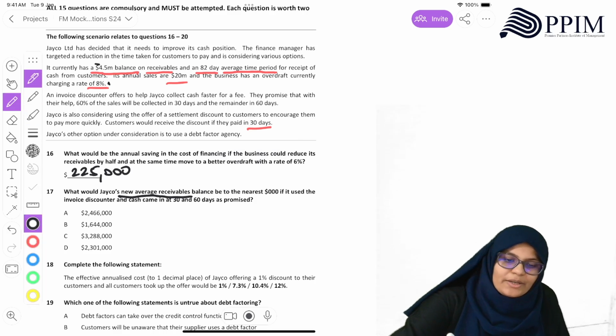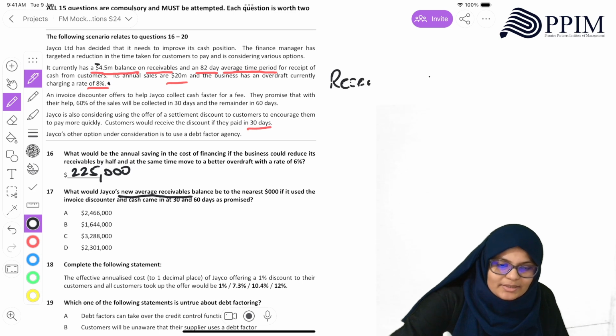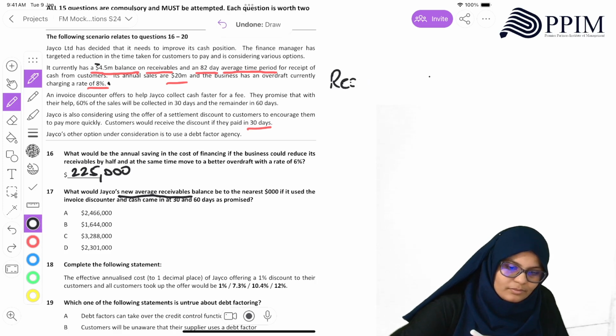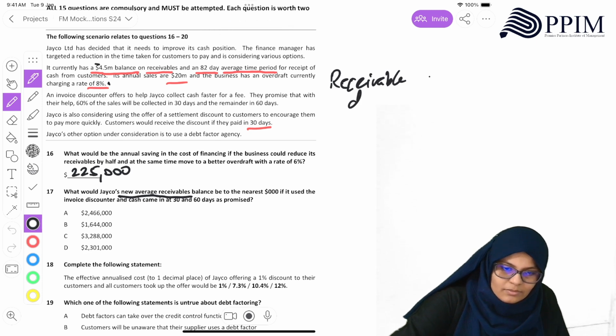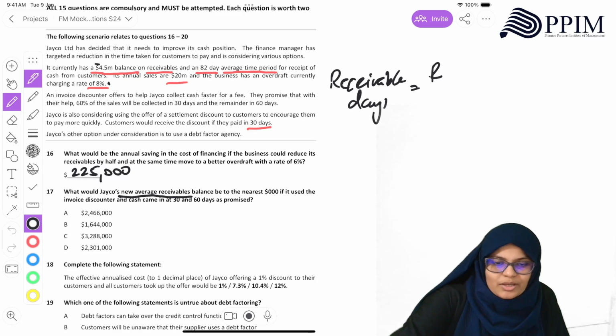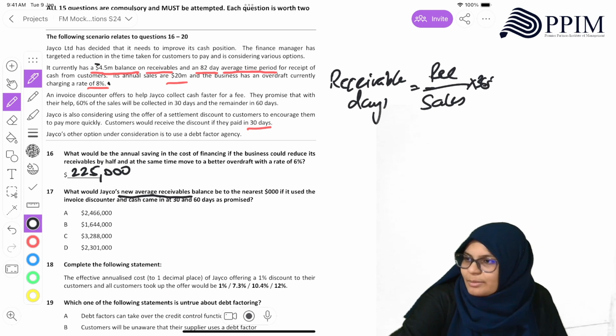Yeah, so we know that receivable days equals the receivables over the sales into 365. That's how we calculate receivable days, right?